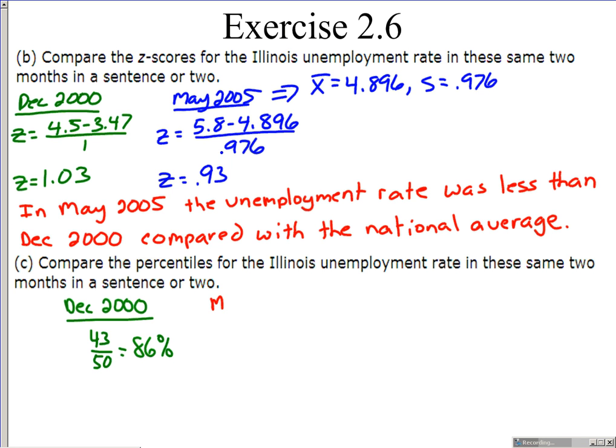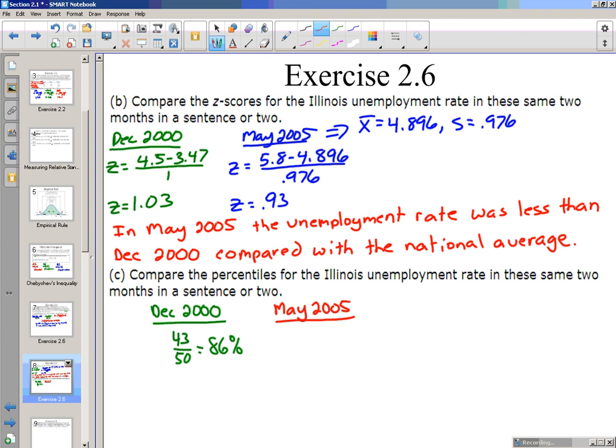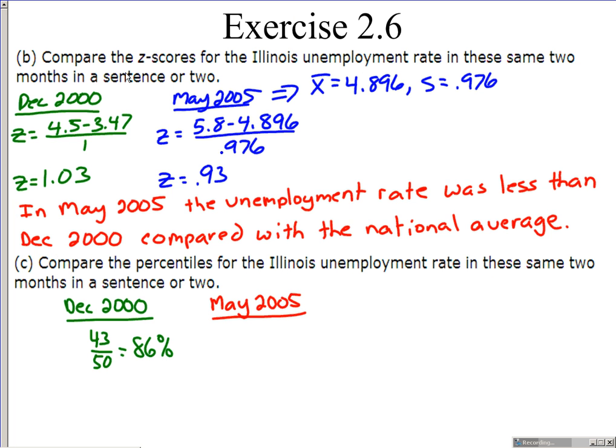In May of 2005, if we look at our chart here, if you go through and look at all the ones that are bigger than 5.8, there are 8 states larger, which means Illinois would have been the 41st state out of 50, putting them in the 82nd percentile.